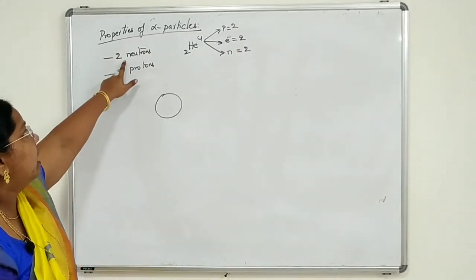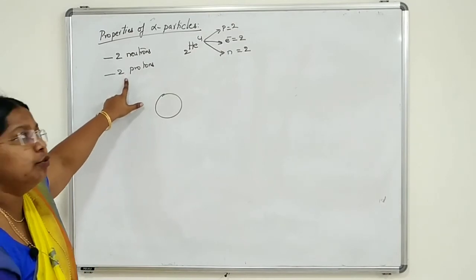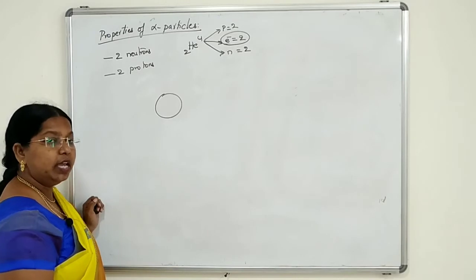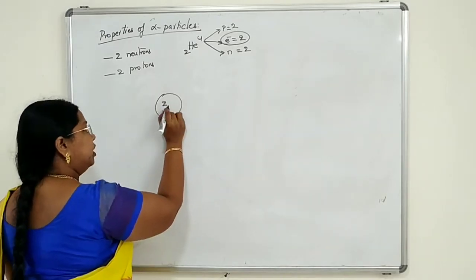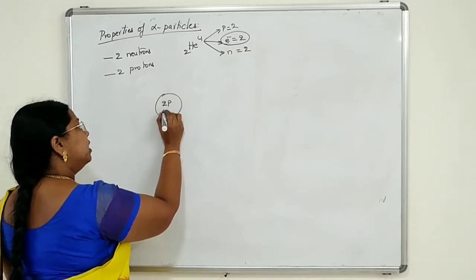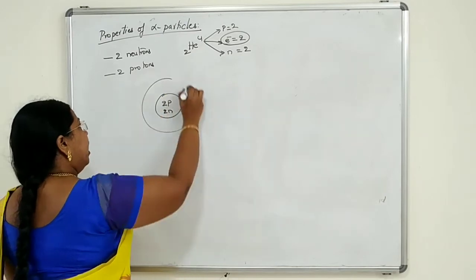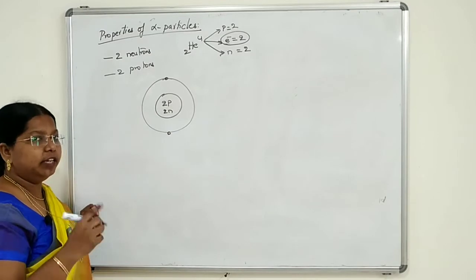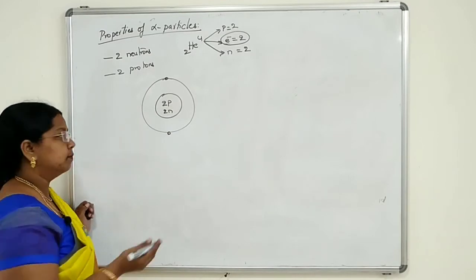According to this, an alpha particle means 2 protons and 2 neutrons, with no electrons. Okay? In the helium nucleus we have 2 protons and 2 neutrons, and 2 electrons are revolving in an orbit outside the nucleus.